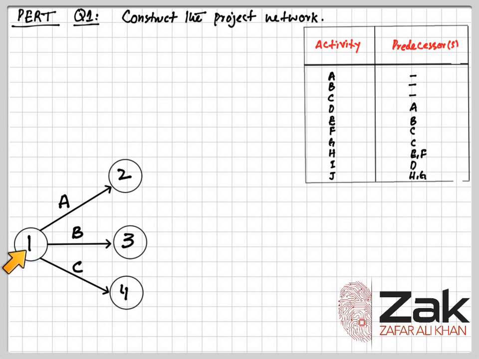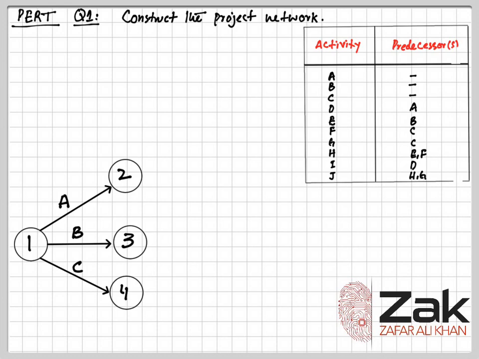So this is a starting node, this is ending node. So we have, this is starting node for activity A, ending node for activity A, starting node for activity B, ending node for activity B, starting node for activity C, and ending node for activity C. Every new node will be numbered, as I said, subsequently in a series.